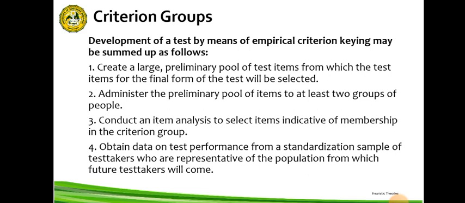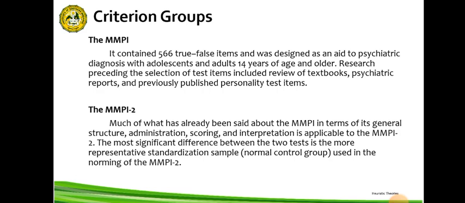Now, what is an example of a personality test that uses empirical keying? We have the Minnesota Multiphasic Personality Inventory. It contained 566 true or false items and was designed as an aid to psychiatric diagnosis with adolescents and adults 14 years of age and older.